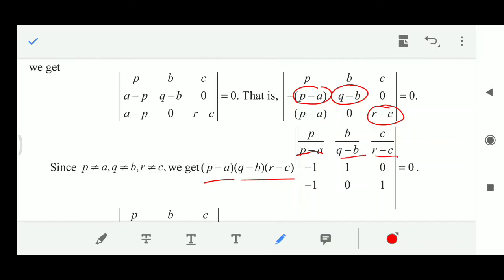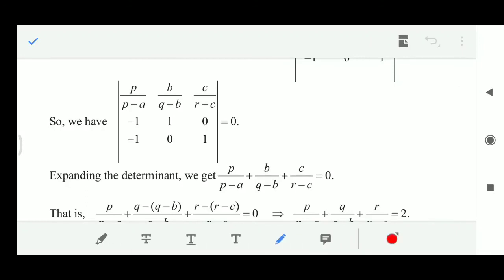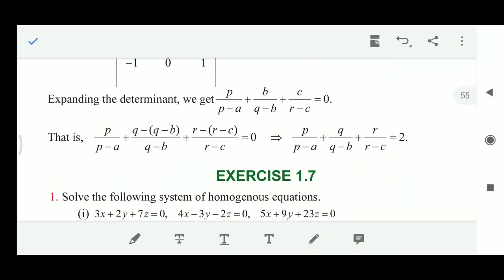Next you can expand this and get the equation as P by P minus A plus B by Q minus B plus C by R minus C equal to 0.